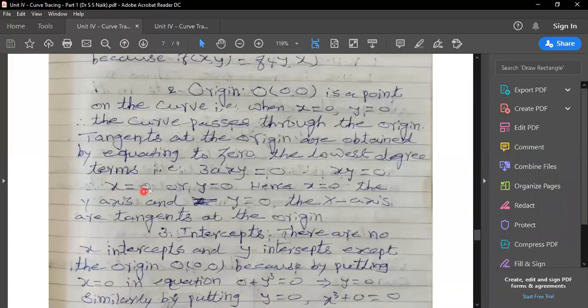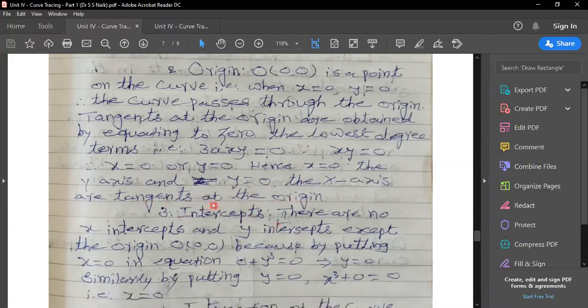Therefore, x is equal to 0 or y is equal to 0. Hence, the y-axis x is equal to 0 and the x-axis y is equal to 0 are tangents at the origin. These are coincident tangents.